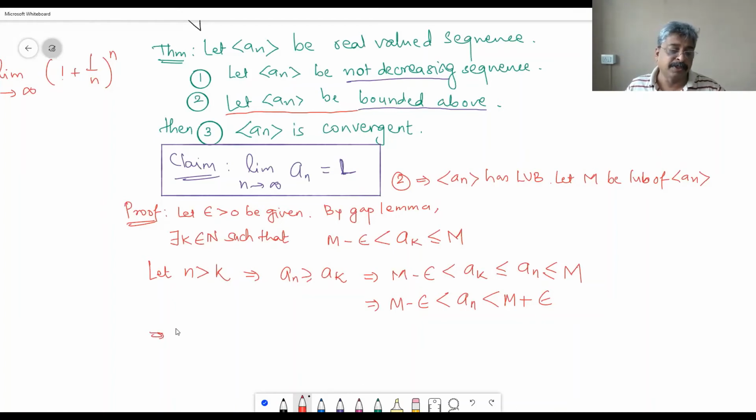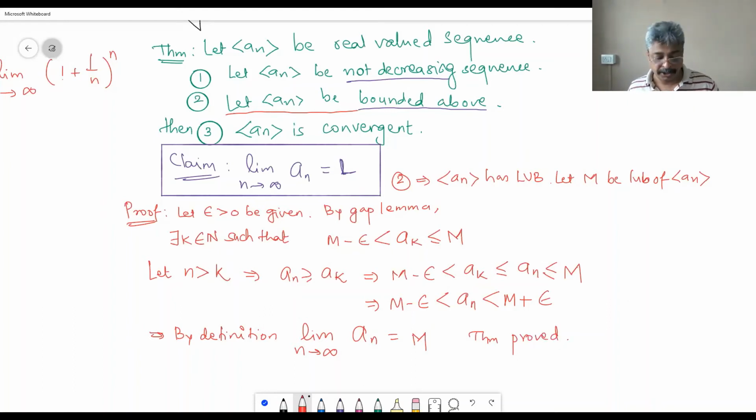Therefore, by definition, limit n tends to infinity of an is equal to M. Theorem proved. Tell me if you have any difficulty in this.